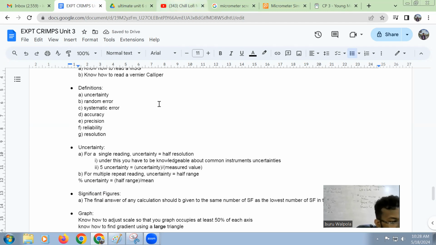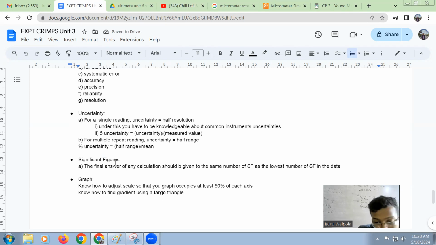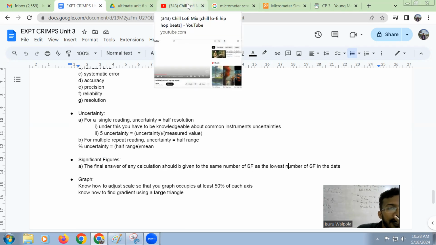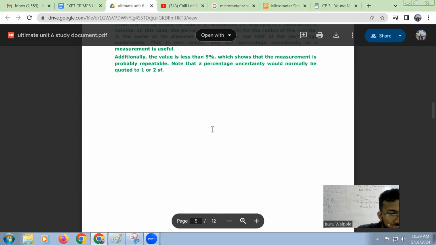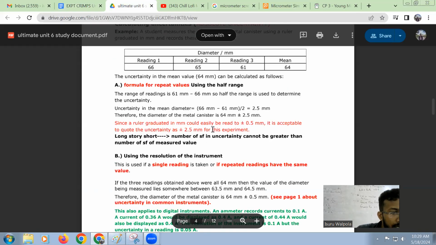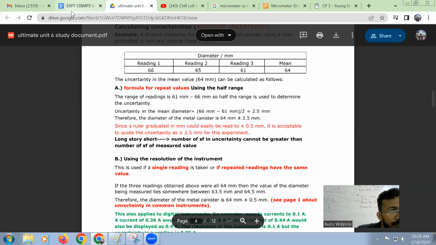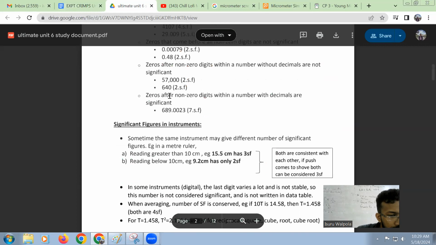Okay. Then significant figures, you must do a couple of papers and make sure that you are giving your final answers of any calculation to the same number of significant figures as the lowest number of significant figures in the data. The example of this is given in the ultimate Unit 6 study document. Hold on, I think it's in the second page.